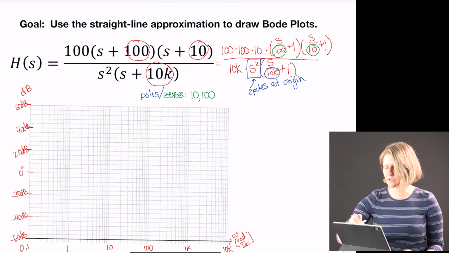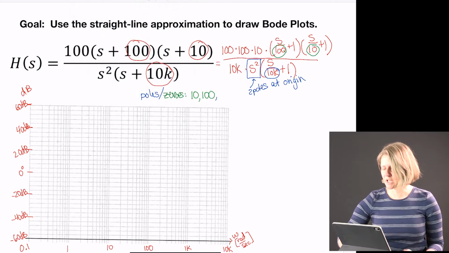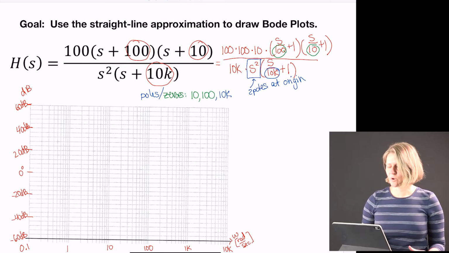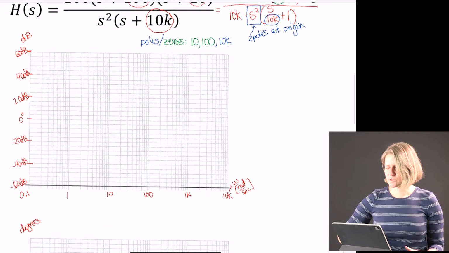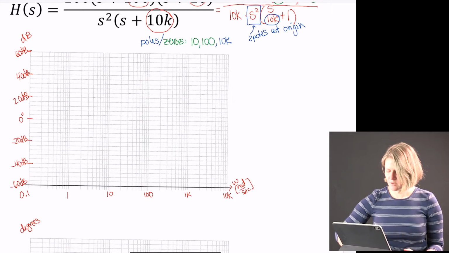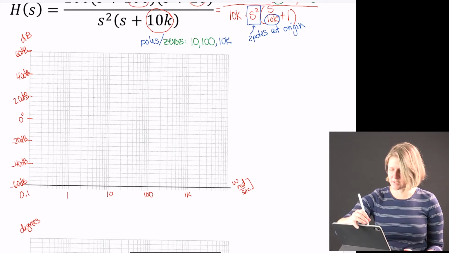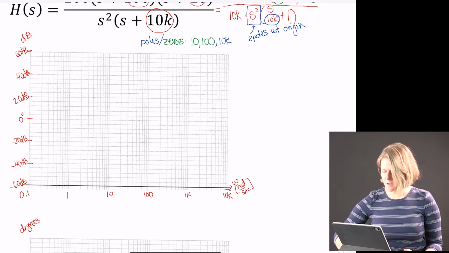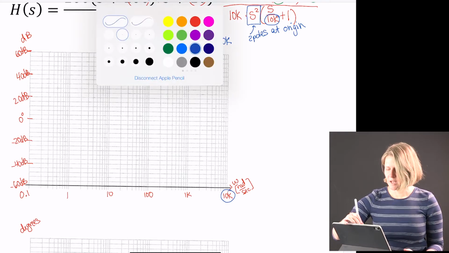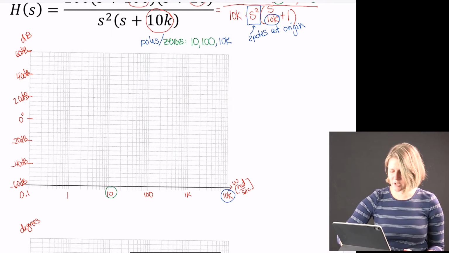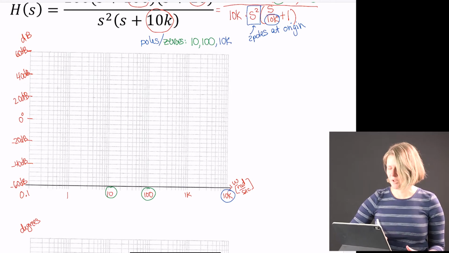Then we have a 100, and then we go to 10K. From here, I circle. So at 10K, I have a pole, and at 10 and 100, I have zeros.